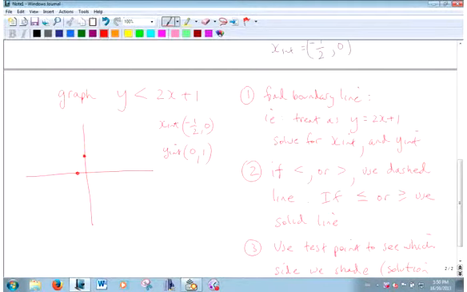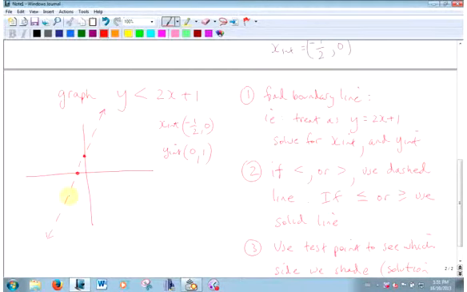Okay? Now this is where the Math 10 ends and the Math 11 begins. That's the line, but this isn't equal to it. It's less than or greater than. We dash this line. Okay? Take it all the way down, all the way up. This goes on forever and ever and ever. It doesn't just stop here.